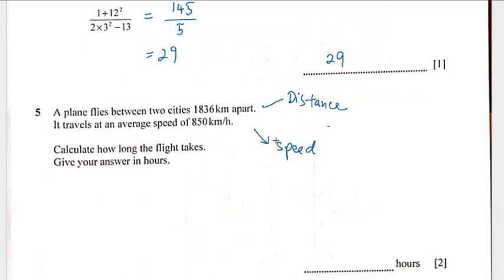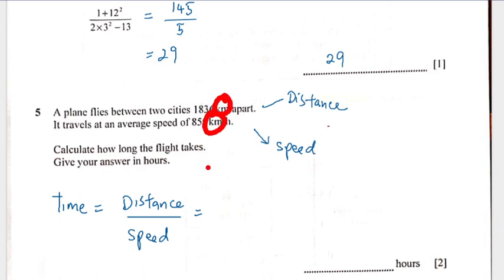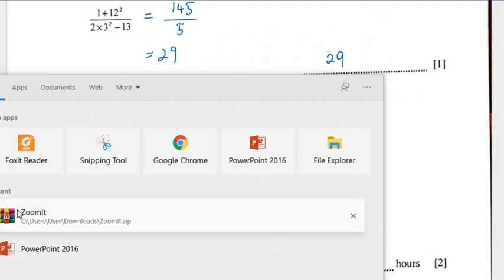You know that to find time we need to use distance over speed, right? You're a bit lucky here because here kilometer, here also kilometer, so you can just divide. So that would be 1836 divided by 850. Okay, so we will get, where's my calculator? Sorry.